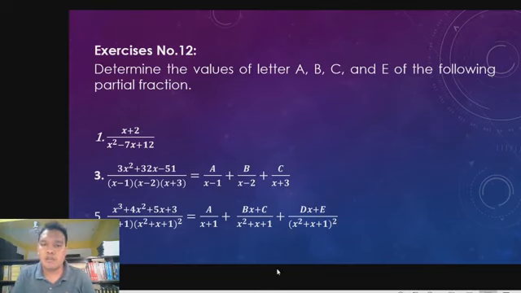So, we have A over x minus 1 plus B over x minus 2 plus C over x plus 3. Okay. So, ito muna. We have number 3. 3x squared plus 32x minus 51 all over x minus 1 times x minus 2 times x plus 3 is equivalent kay A all over x minus 1 plus B all over x minus 2 plus C all over x plus 3.